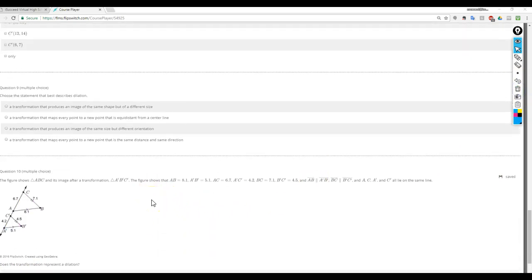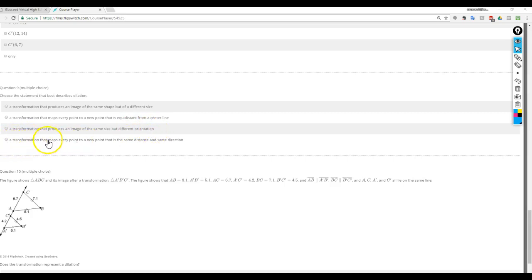Question 9. Choose the statement that best describes dilation. A transformation that produces an image of the same shape but of a different size. A transformation that maps every point to a new point that is equidistant from a center line. A transformation that produces an image of the same size but different orientation.